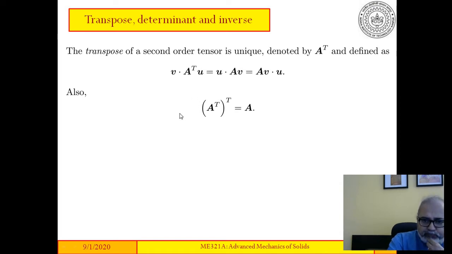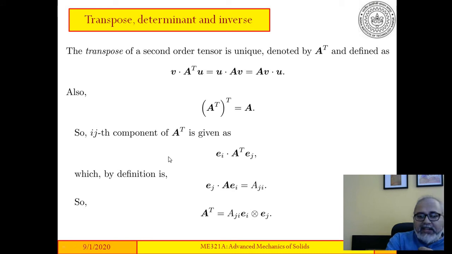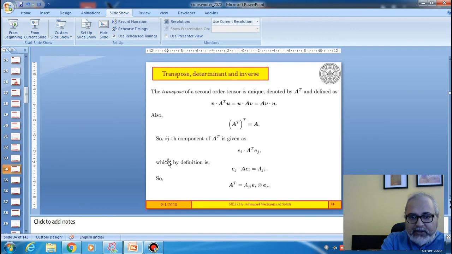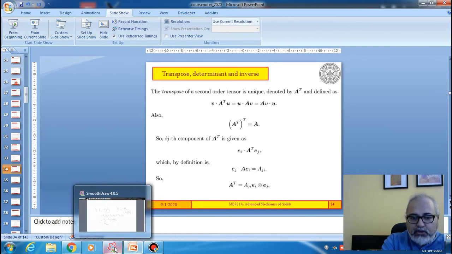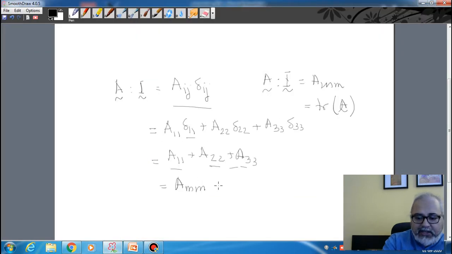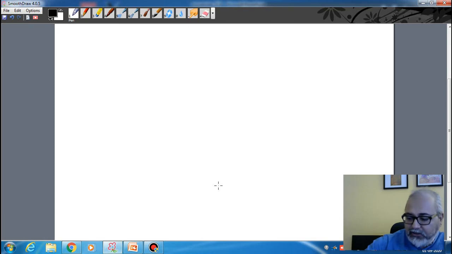Now let us find the ijth component of the transpose of a tensor. To find the ijth component, you pre-multiply by ei and post-multiply by ej.